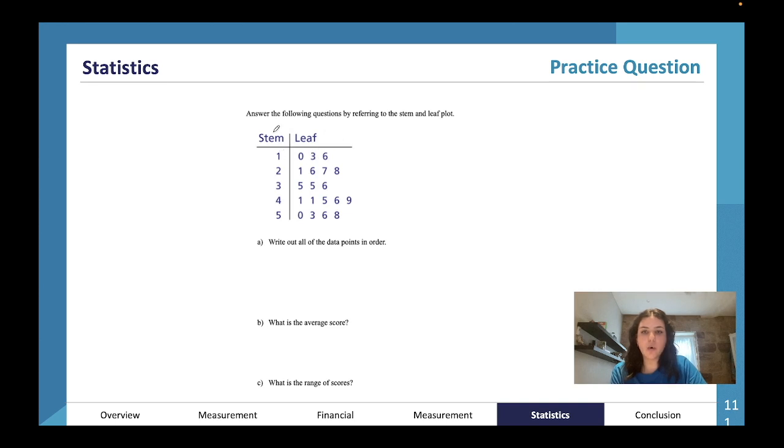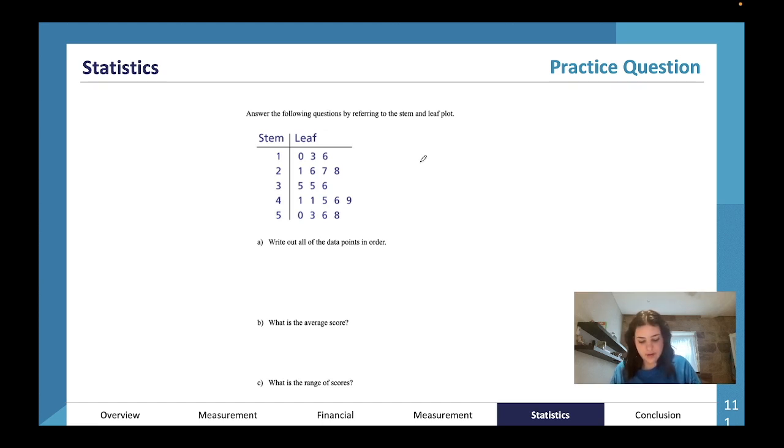To do this, we need to add all of the scores together and then divide by the number of scores. So 10 plus 13 plus 16 plus 21 plus 26 plus 27 plus 28. Missed a 2 there. Plus 35 plus 35 plus 36. Takes me a second. Hang on, guys.